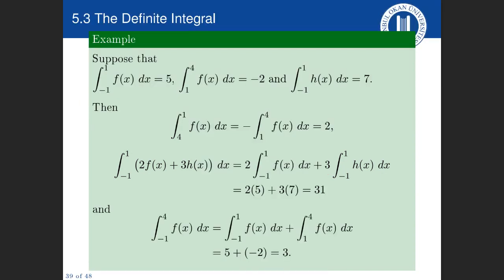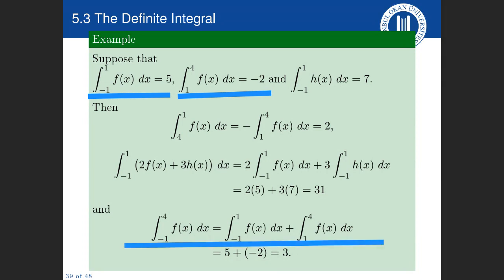And we can do the integral from minus 1 to 4. We know the integral from minus 1 to 1, and we know the integral from 1 to 4. Using one of the rules, I forget which one, the integral from minus 1 to 4 is the same as the integral from minus 1 to 1 plus the integral from 1 to 4. So 5 plus minus 2.